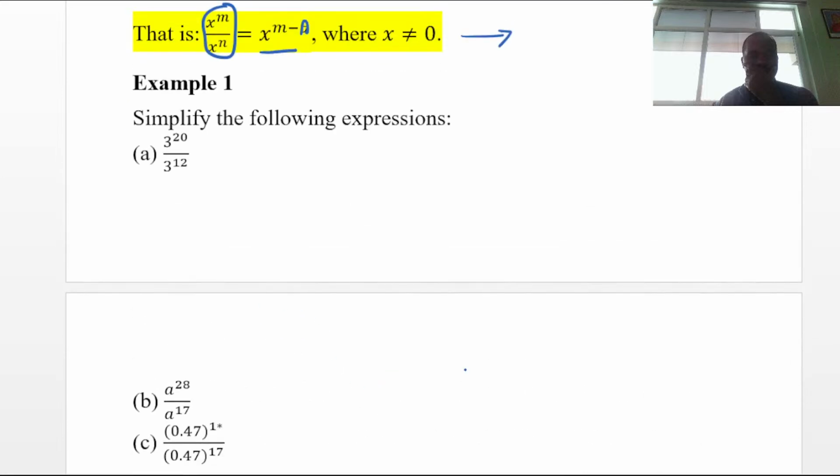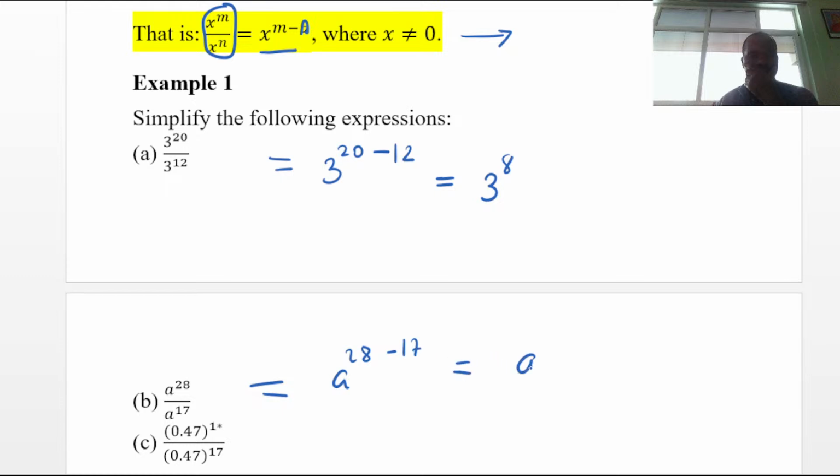Let us go to an example. Simplify the following expressions. To simplify this, we simply take 3 power 20 minus 12 according to the laws of exponents, and this is going to be 3 power 8. Coming to this, it is going to be a power 28 minus 17.